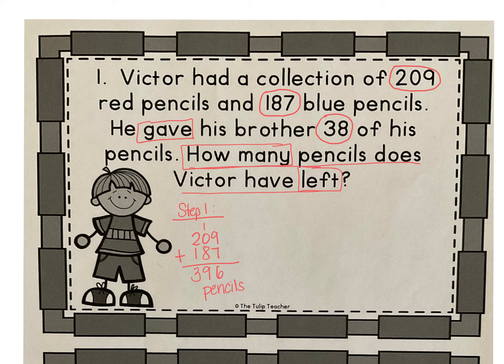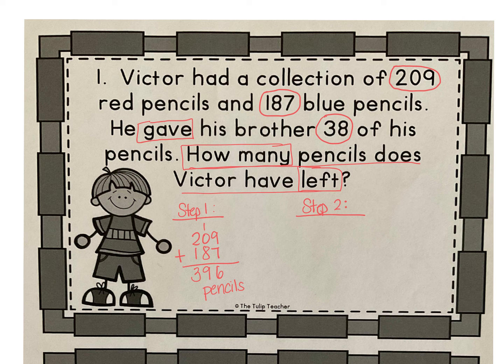Now, to figure out how many pencils does Victor have left, so that's going to be step 2. To figure out how many he has left. Now, we know that left is an important word, okay? Left means that we are going to subtract. So that's the second operation that we're going to use in step 2.